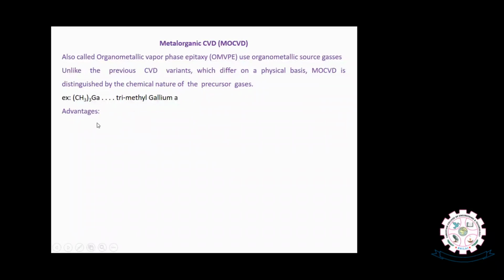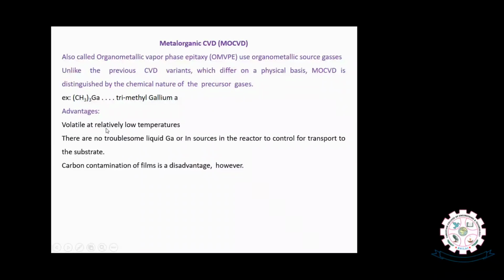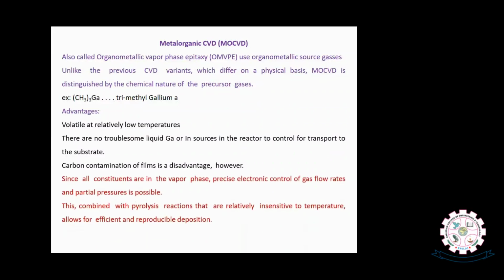Suppose I want to deposit a gallium thin film, it's very easy if I start with trimethyl gallium. What is the advantage here? It is volatile at relatively low temperatures. There is no troublesome liquid, so the deposition occurs much faster. There is a little bit of carbon contamination because trimethyl gallium contains carbon, but however, you will be able to eliminate that.